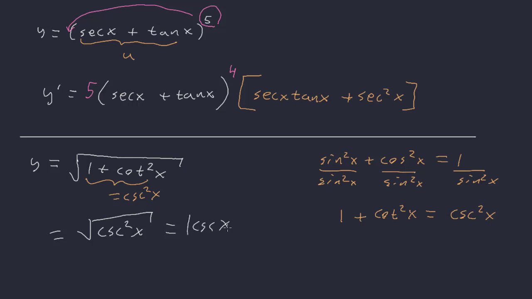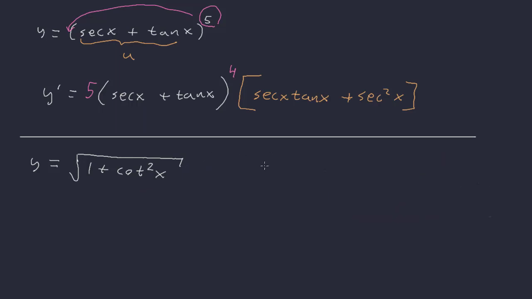And technically it's the absolute value of cosecant, so really you're just looking at where this would be positive. So that would simplify our lives a lot, but I do want to show how we would approach this if we did use the chain rule.